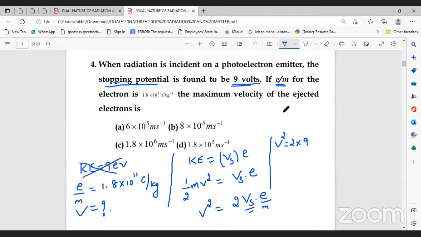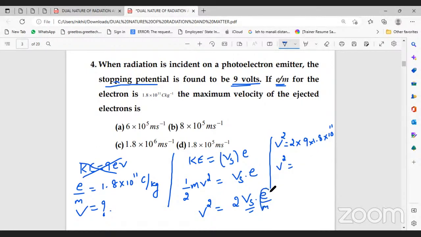What is E by M? 1.8 into 10 power 11. They have not given even the mass, only E by M. So this is the direct value.